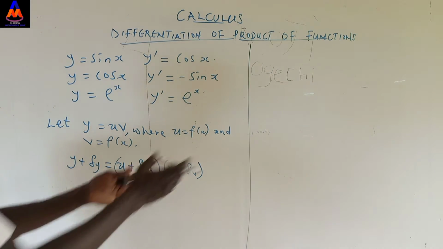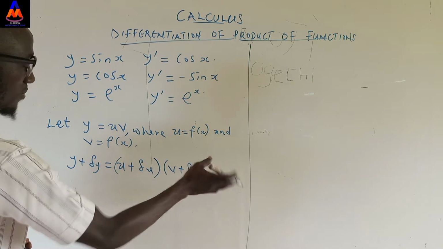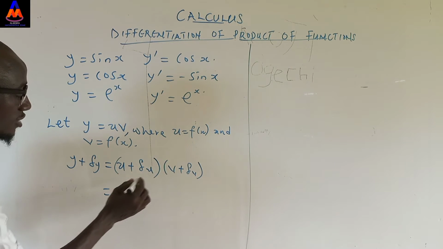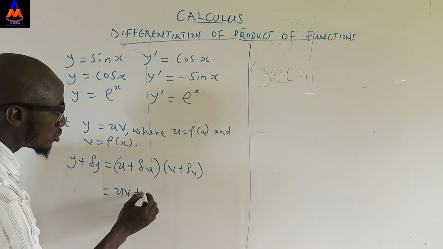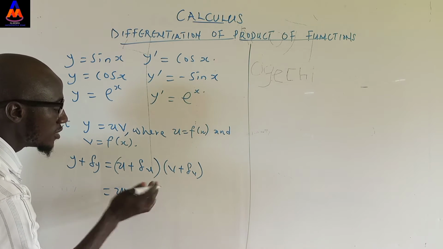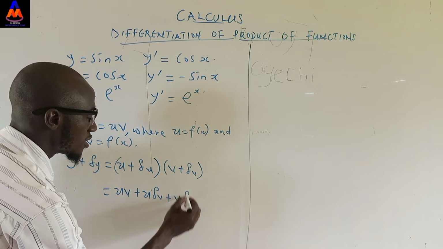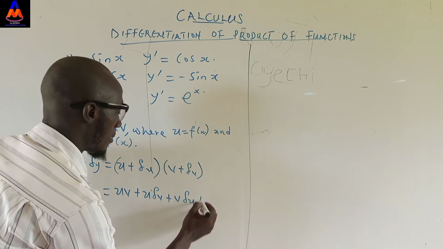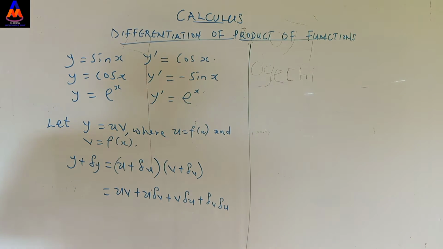An increment in x produces an increment in the two. That's what happens. So we can expand this out, and this is going to be uv plus u change in v plus v change in u plus change in v change in u. Expanding this out, that's what we have.